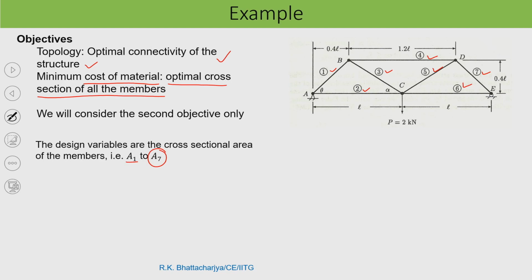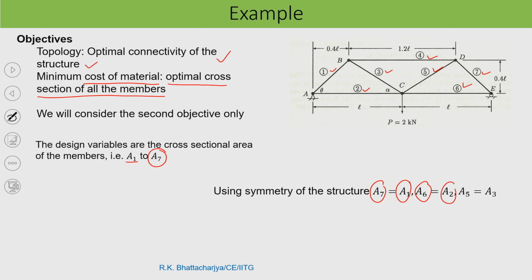So, we have 7 members, so we should have 7 design variables. But using symmetry, if I say that A1 equal to A7, or A7 equal to A1, and similarly A6 equal to A2, and A5 equal to A3.